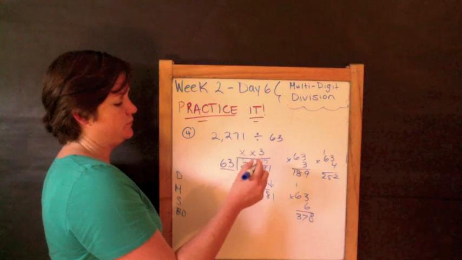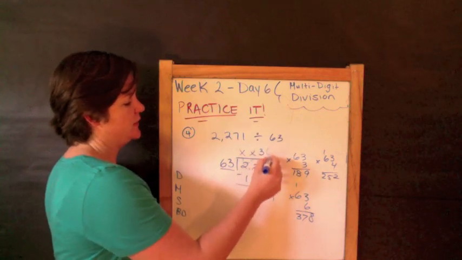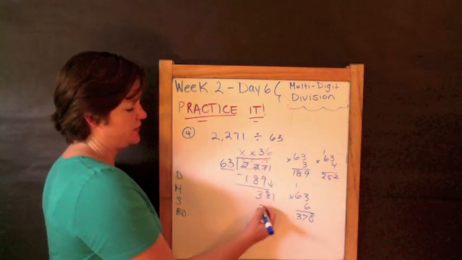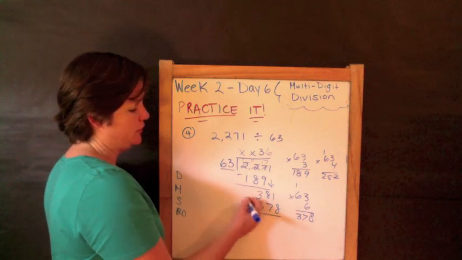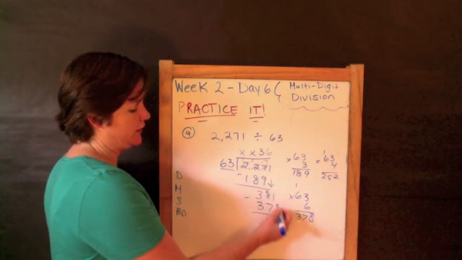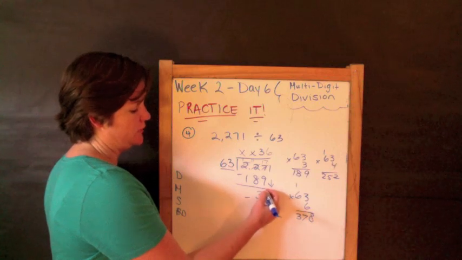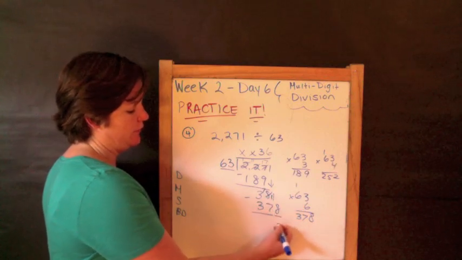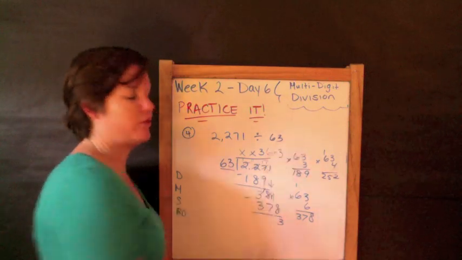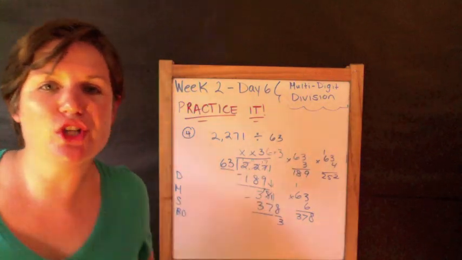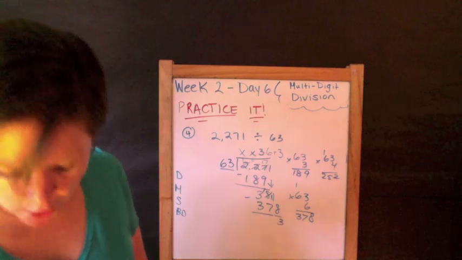So, 6 times 63 is 378. We subtract, and we can't do that, so we regroup. 11 minus 8 is 3. So 36, remainder 3. But of course, I've got to check my work.